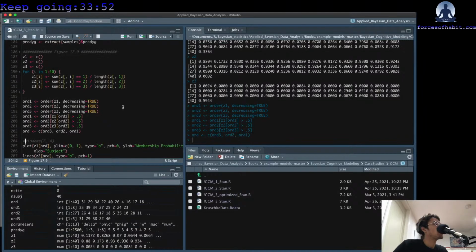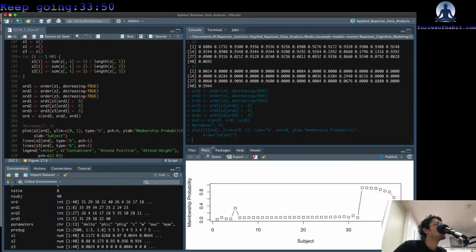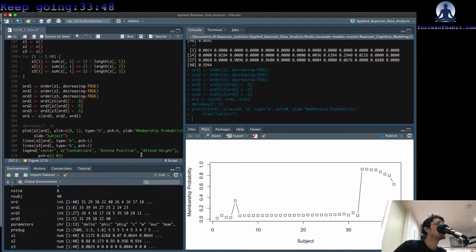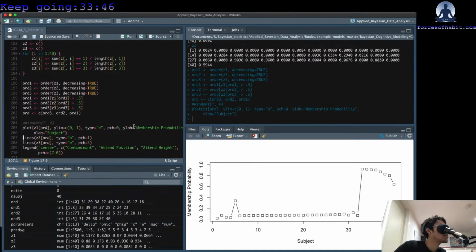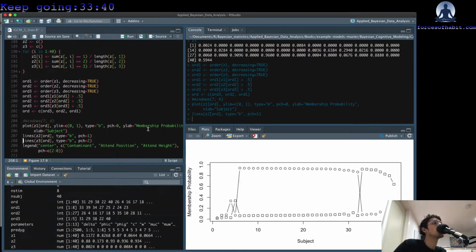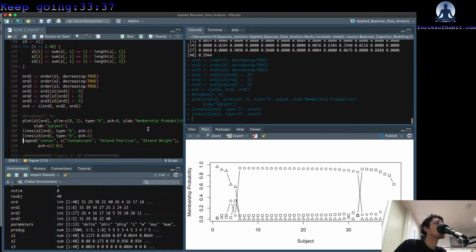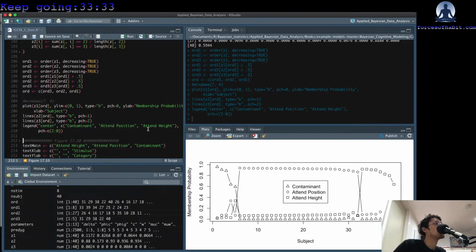And we don't want the window. We plot it. And here is the first group, second group, third group, contaminant. Yep. And then we have some way to identify them.